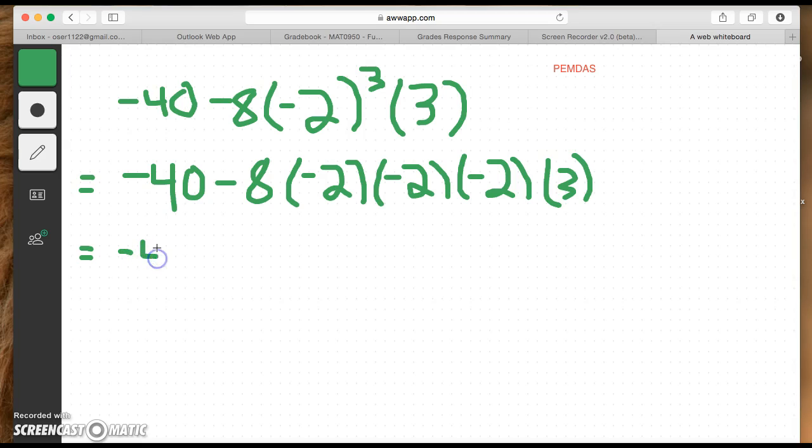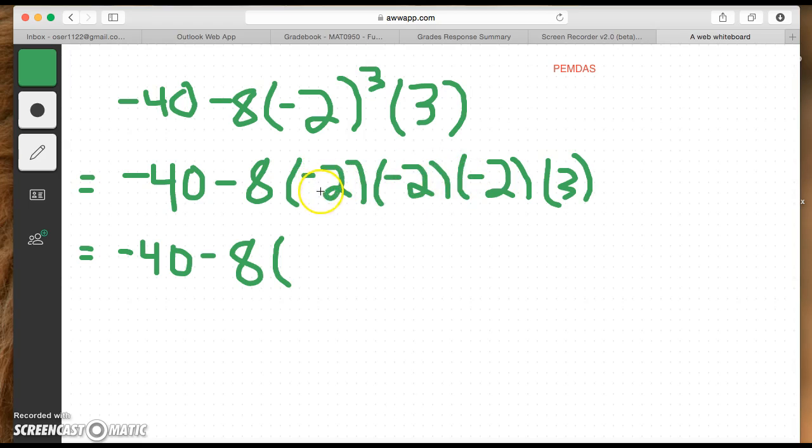So we have negative 40 minus 8. And this 8 is being multiplied to negative 2 times negative 2 times negative 2. So let's go ahead and do these three multiplications at the same time, paying close attention to our signs here.